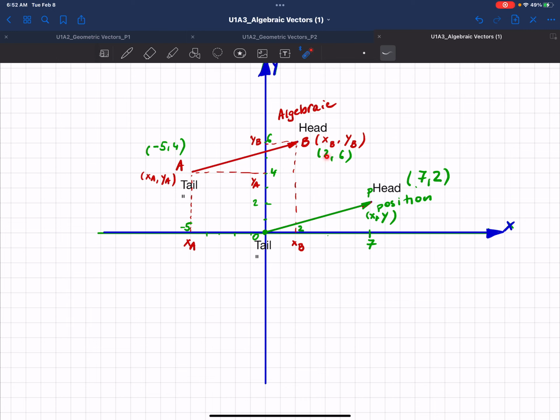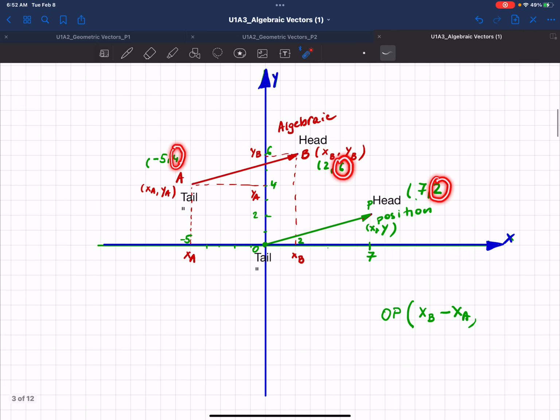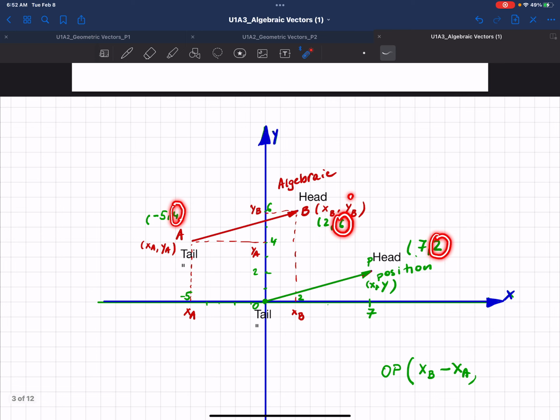So algebraically speaking, the calculation that we're going to use more often is 2 minus negative 5. In other words, for the position vector, which we called OP, the x coordinate of the head was x at B minus x at A. And the y coordinate, which is 2, let's take a look at the y coordinates of A and B. For A, we have y coordinate 4, and for B, we have y coordinate 6.